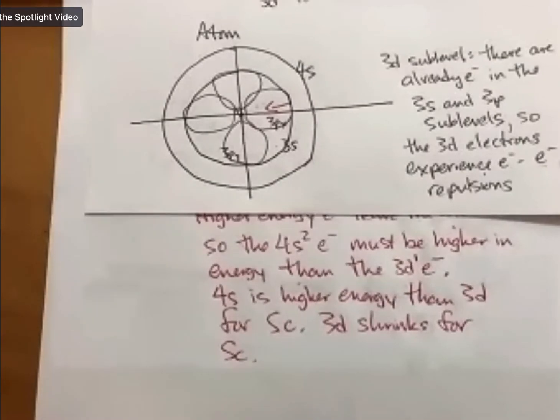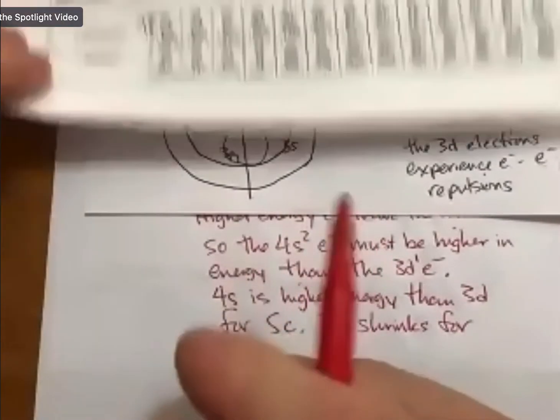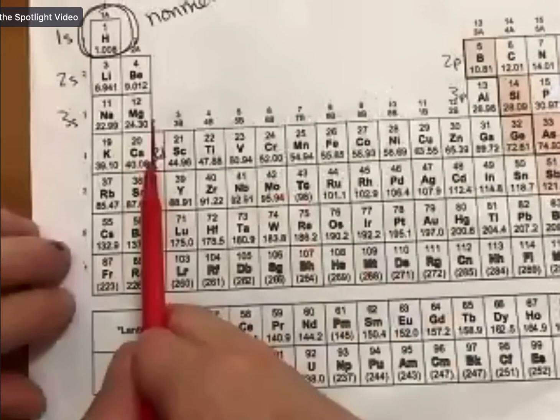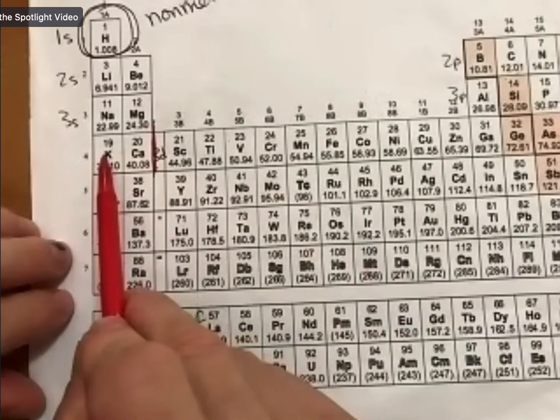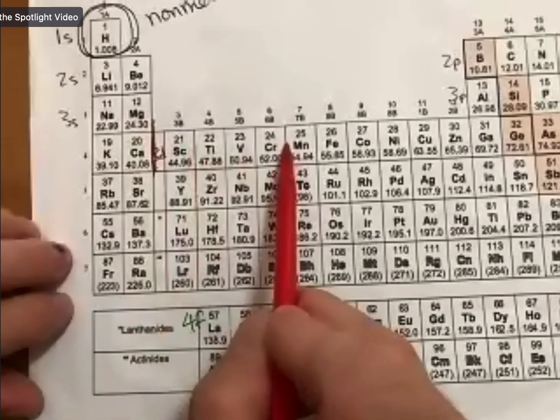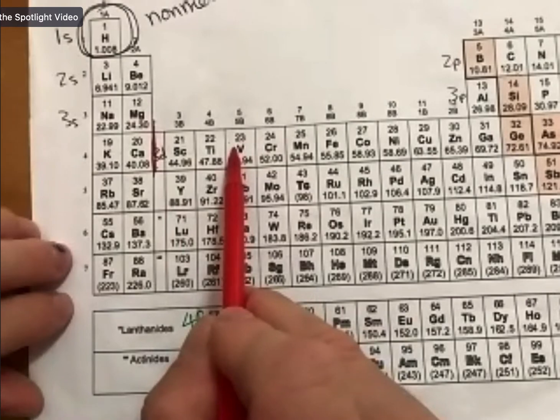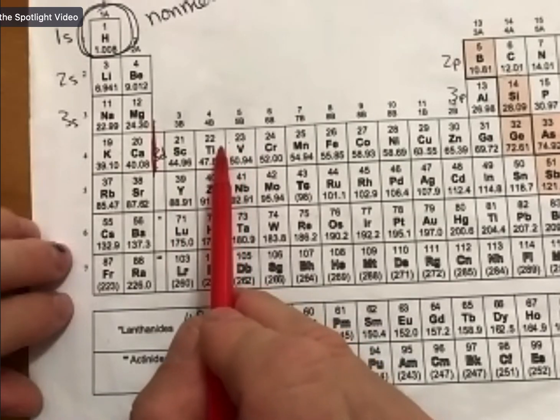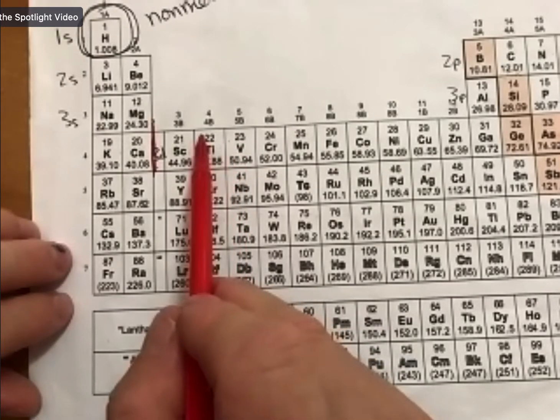And I'm happy to say more about it, but here's the level of understanding that we need to start with. Before, so calcium or before, 4s is lower in energy. Scandium and after, 3D is lower in energy. And that's going to affect our answer for this problem. Okay.